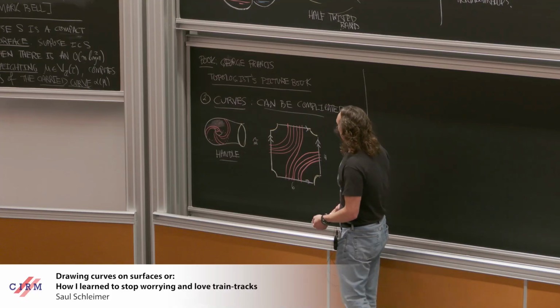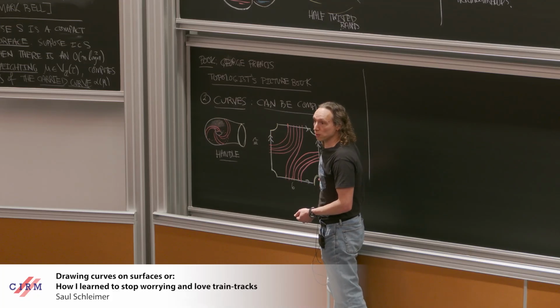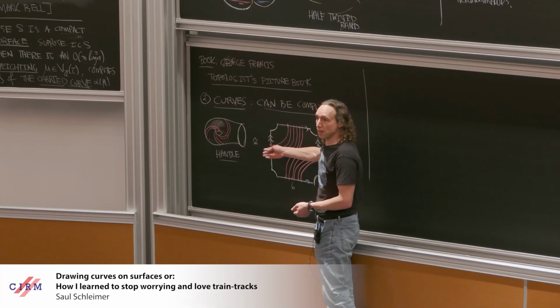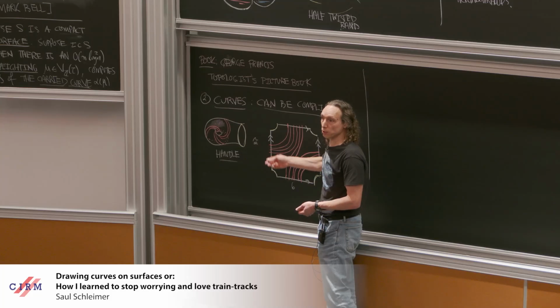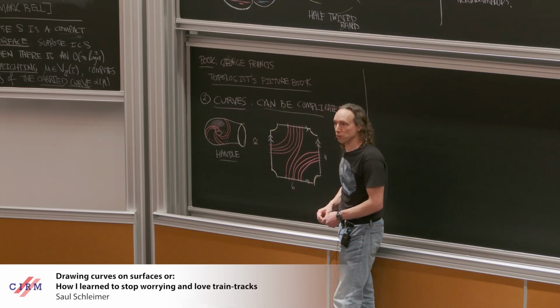Yes. Well, when I cut along properly embedded arcs, but everything that I'm drawing is an embedding of S1 into the surface. Yeah, or an embedding of a disjoint union of circles. That's what a curve is.